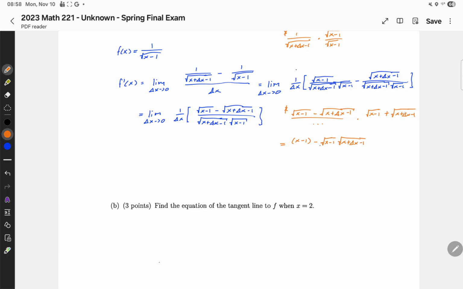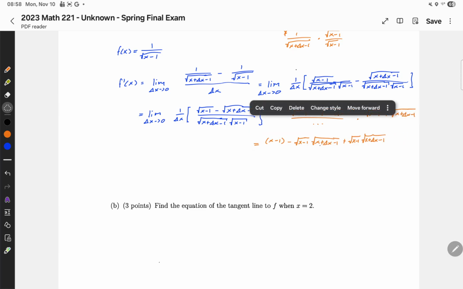This positive term multiplied by this is actually going to cancel this other term. So we're going to get plus square root x minus 1, square root x plus delta x minus 1. Run out of space here. Go ahead and move it over just a bit. And when we add these other two, it's going to be this positive term times this negative. So it's going to be negative x plus delta x minus 1, just like that.